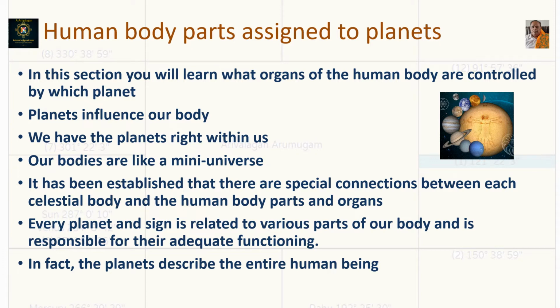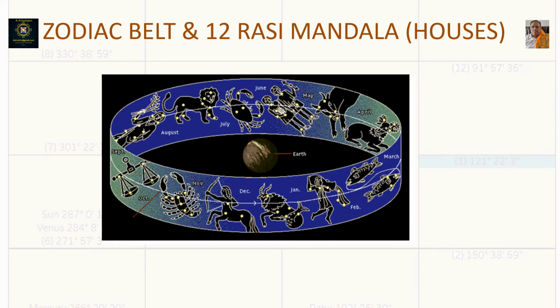Our bodies are like a mini universe, and it has been established that there are special connections between each celestial body and the human body parts and organs. Every planet and sign is related to various parts of our body and is responsible for their adequate functioning. In fact, the planets describe the entire human being. So that is covered in this subsection.